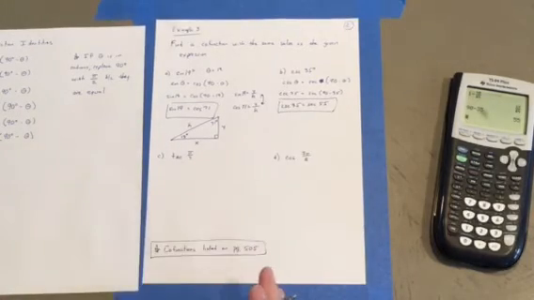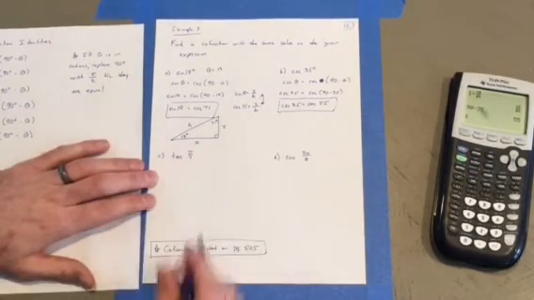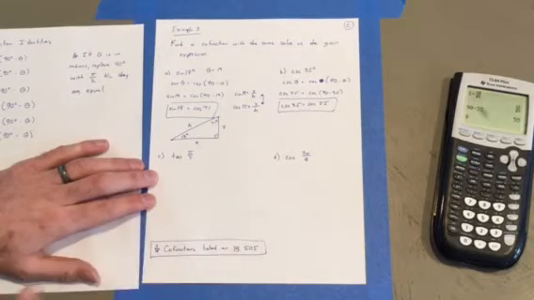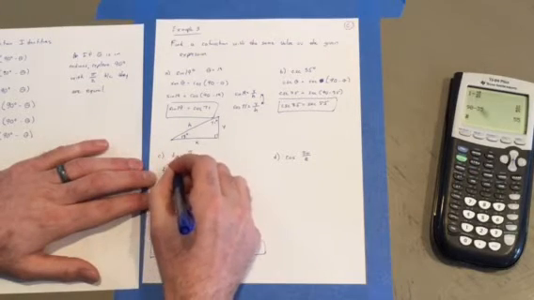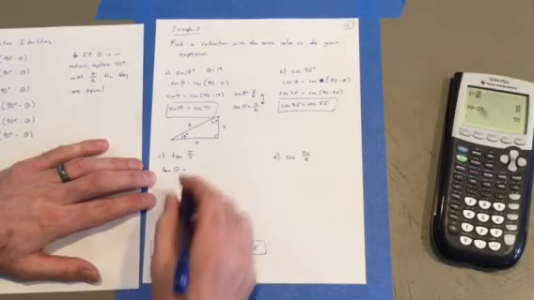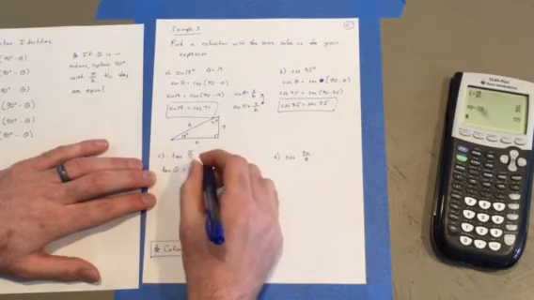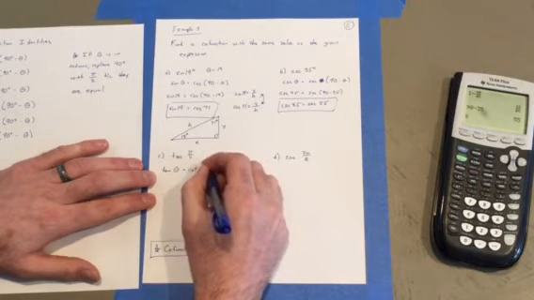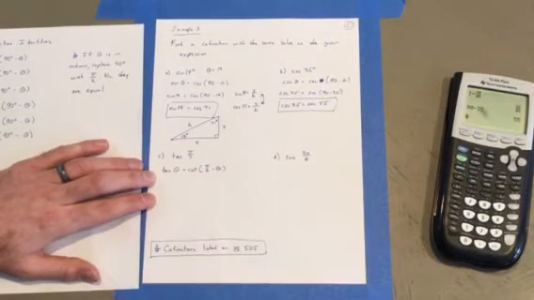All right, our tangent down here. Now we're in radians, so instead of 90, we're going to use pi over 2. My identity is tangent theta equals cotangent of pi over 2 minus theta.